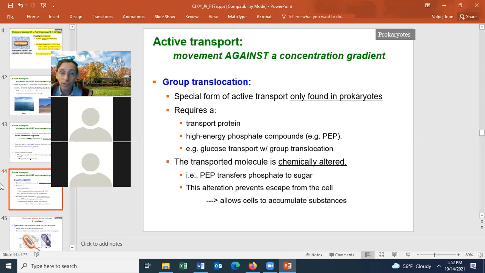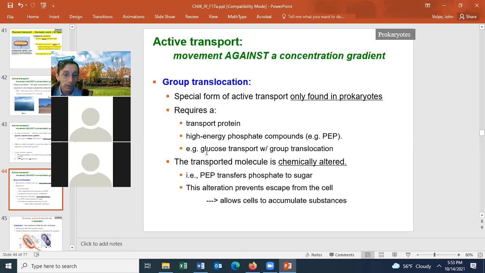Group translocation happens by a specific transport protein. There has to be a high energy phosphate compound, such as PEP, and that's got a phosphate on the end of it. And then you have to have your molecule, which is transported.